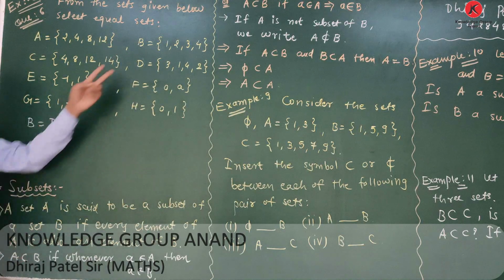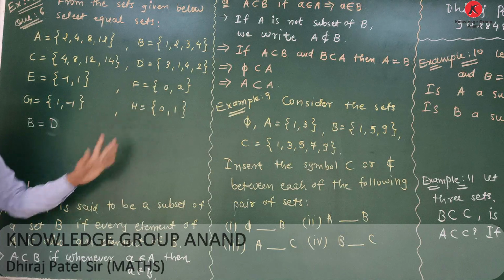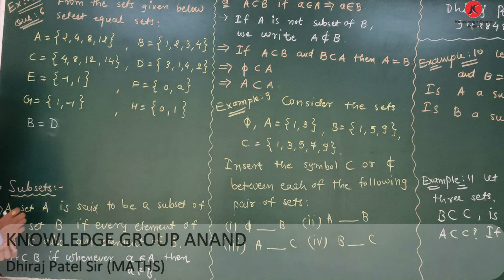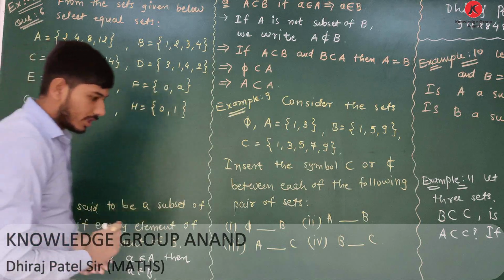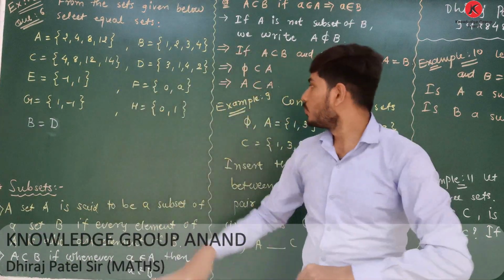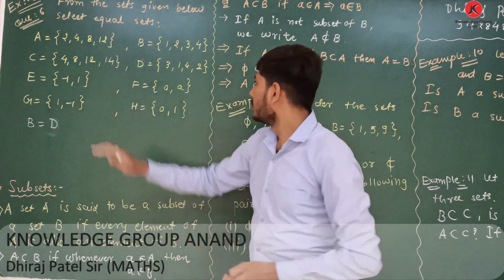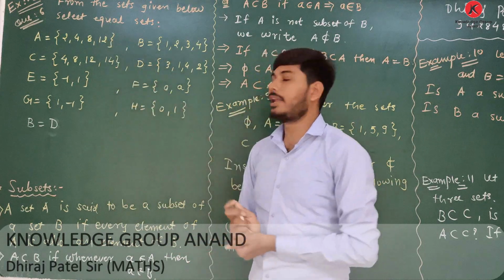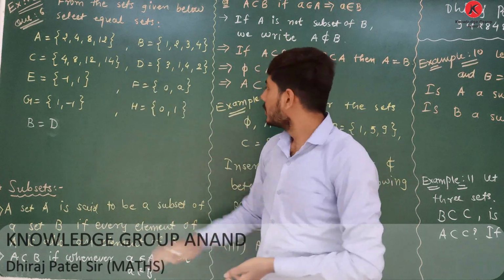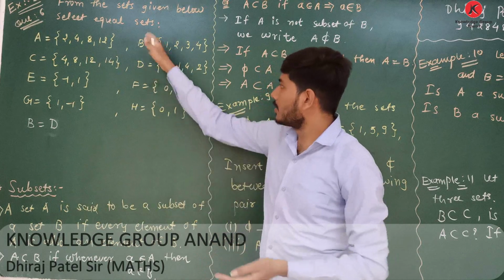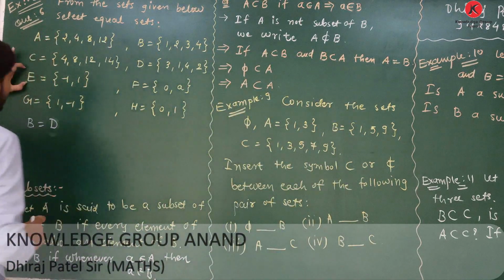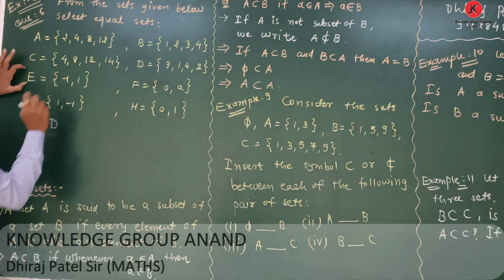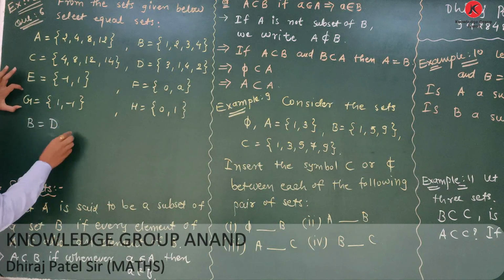Now, B is not equal to any other set. Now C equals 4, 8, 12, 14, which is not equal to any of the sets. Now D is equal to B. Okay, it is clear. Now E is equal to G only.